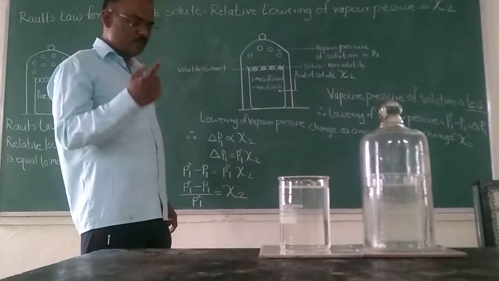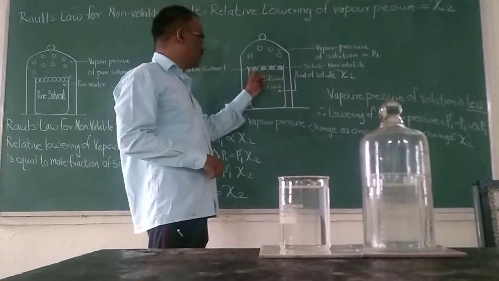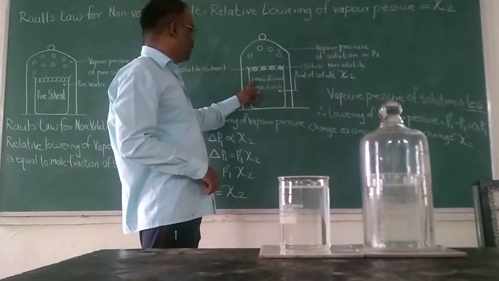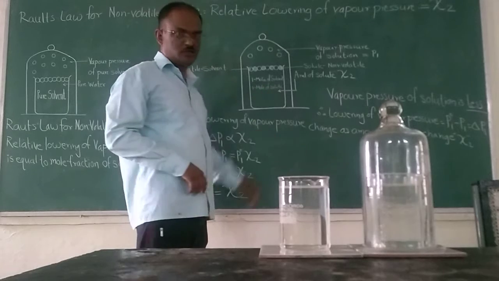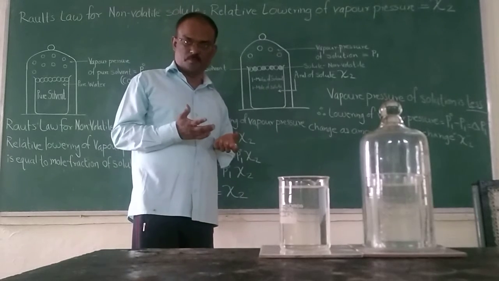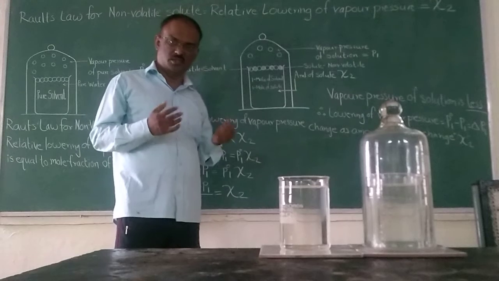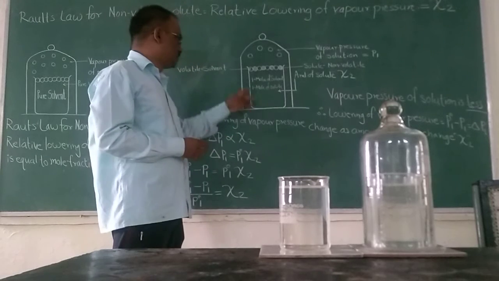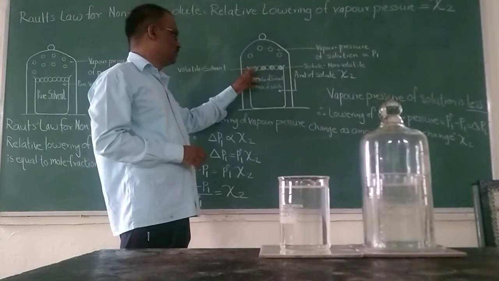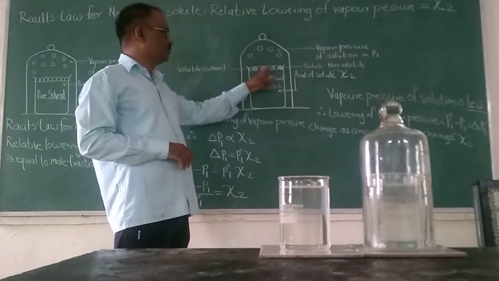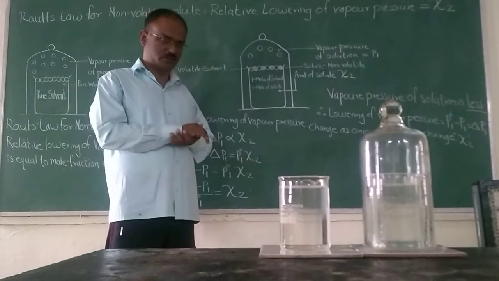And the sodium chloride molecules are 4. 1, 2, 3, 4. Because of what? Because I am having 1 mole of the solvent and 1 mole of the solute. So equal number of molecules of the solvent and equal number of molecules of the solute. So here 4 solute molecules are there on the surface and 4 water molecules are present on the surface.